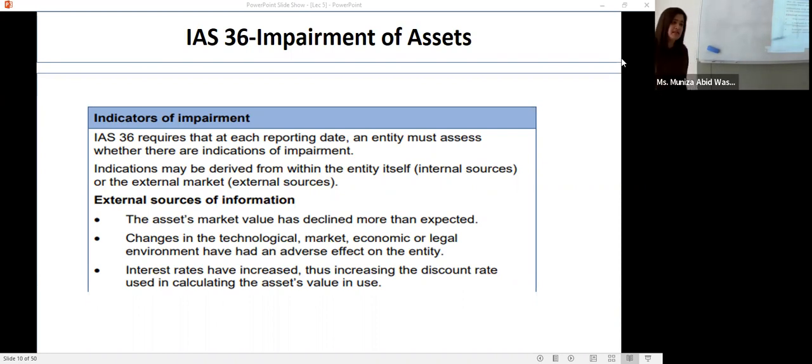So if that is the case, what is going to happen? Your value in use, the present value of the cash flows, will increase or decrease? It will decrease because of the discount rate. The more the interest rates are, the more the value is going to decrease. So in that case, again, it's an indicator that the impairment has occurred.